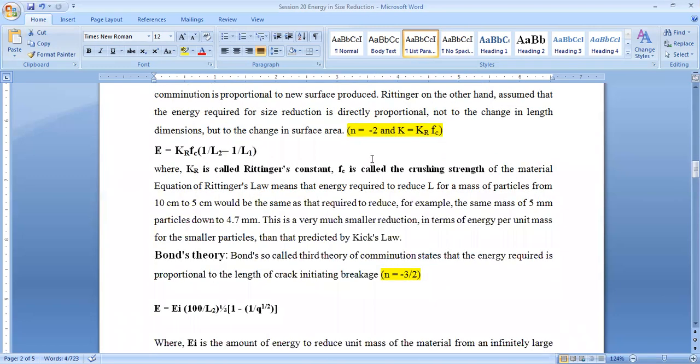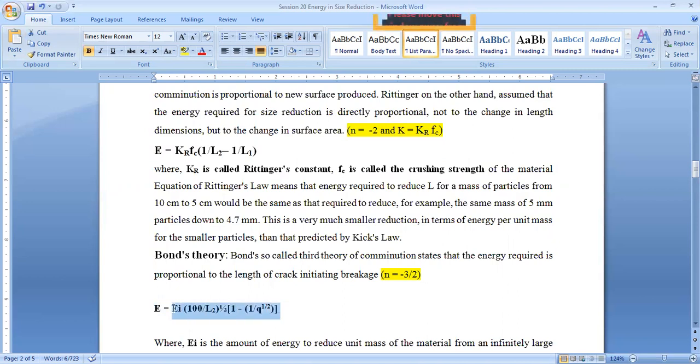Then comes Bond's theory, the third theory of size reduction. According to Bond, the energy required is proportional to the length of crack initiating breakage, and n is equal to -3 over 2. The equation is E equal to E_i times 100 over L2 to the power half, times 1 minus 1 over Q to the power half.